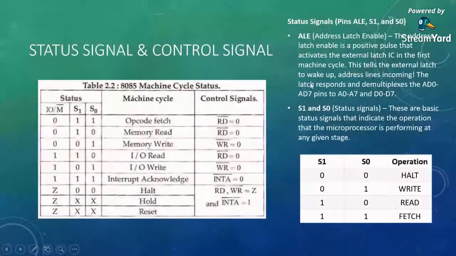This tells the external latch to wake up, address lines incoming. The latch demultiplexes the address data pins AD0 to AD7 into A0 to A7 and D0 to D7, as I said previously.